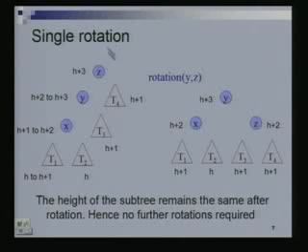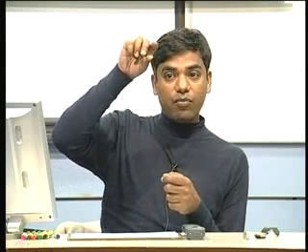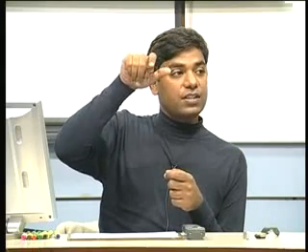So any of the ancestors of z, their heights would become the same as before, and so there will be no imbalance on them. So as I'm marching up after my insertion, I find the first place where there was an imbalance, I do the rotation, and I'm done. I don't have to go up any further. But is this going to hold always?